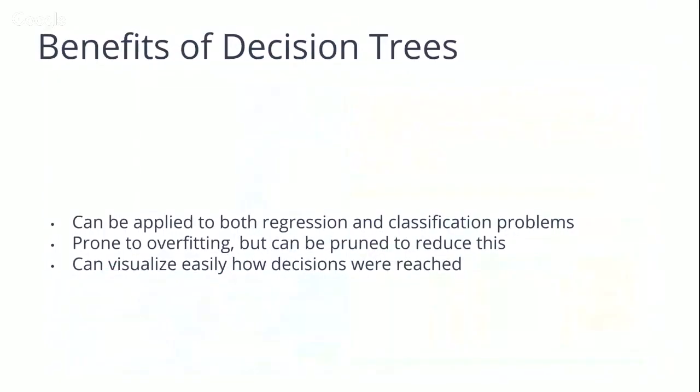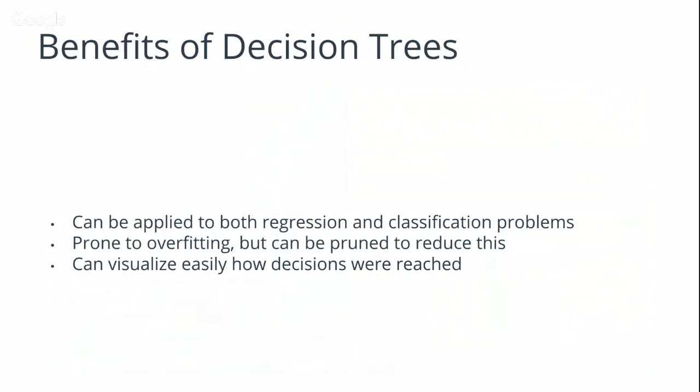With regards to the benefits of decision trees, like perceptrons, they can be applied to both regression and classification problems. When I say it can be applied to regression problems, you can think of it as essentially coming to the decision of a value instead of coming to the decision of a classification for the tree itself.